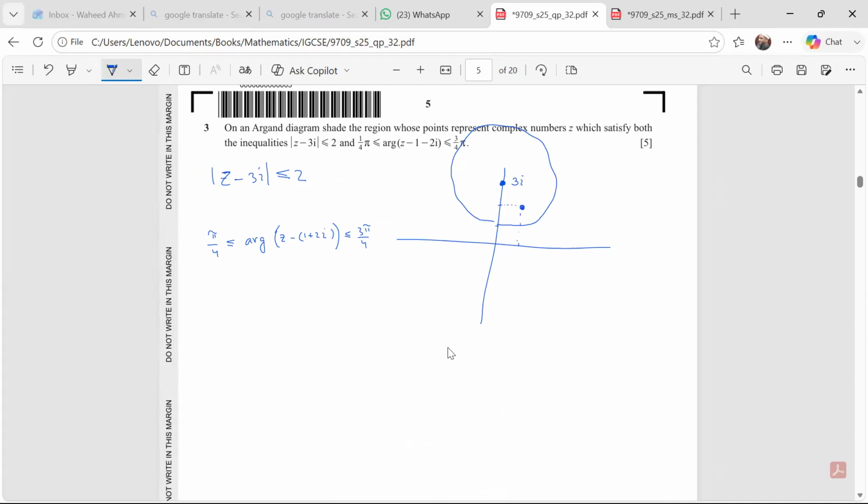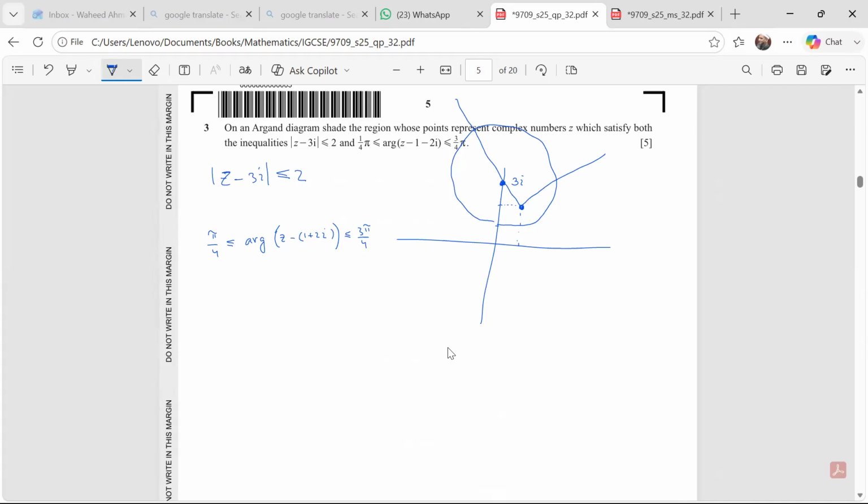From this point, all the complex numbers whose angle is between π/4 and 3π/4. So π/4 is this one, a line at 45 degrees, and 3π/4 is 45 degrees from the other side, so it will be something like this. It will pass through this point. So all the points in this region.